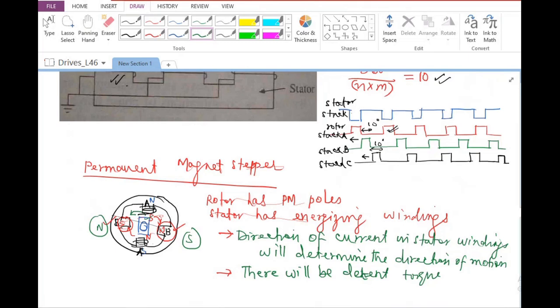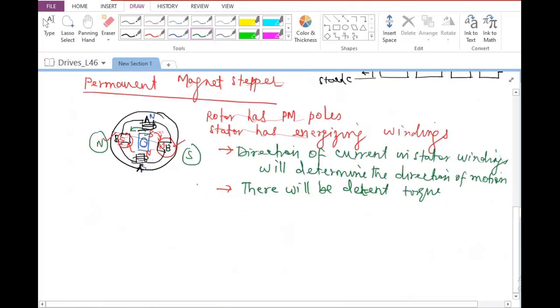So there will be detent torque. So you don't have to be skeptical about the exact position at which the rotor has rested. It can only rest aligning with B and B dash, or aligning with A and A dash, whichever is the closest. That's not a problem. So you cannot really be doubting what the rest position is.